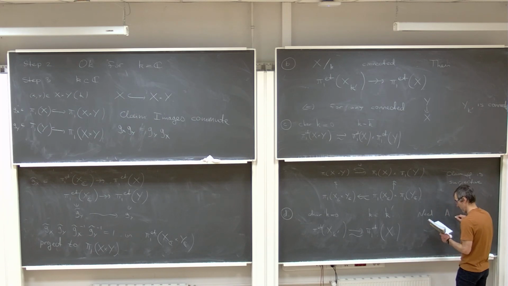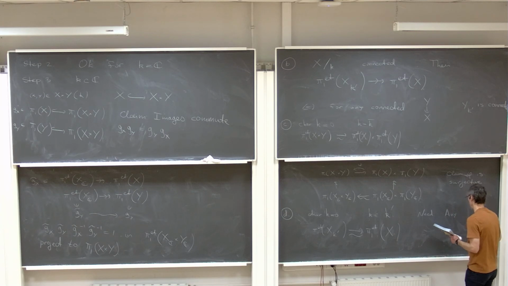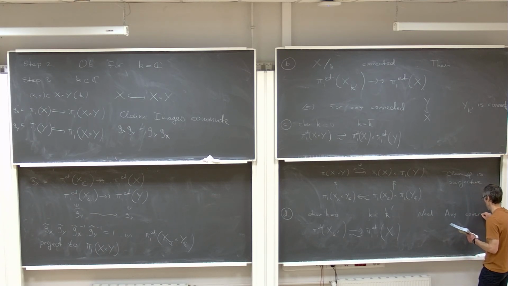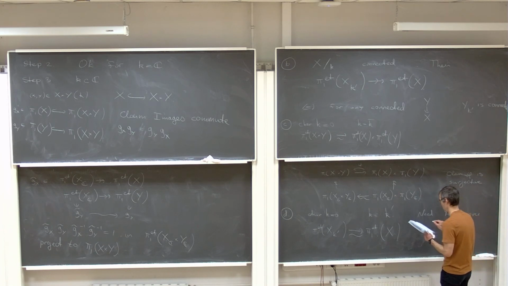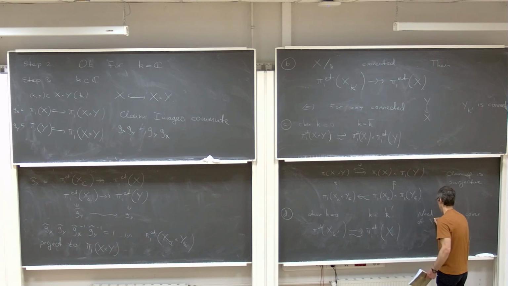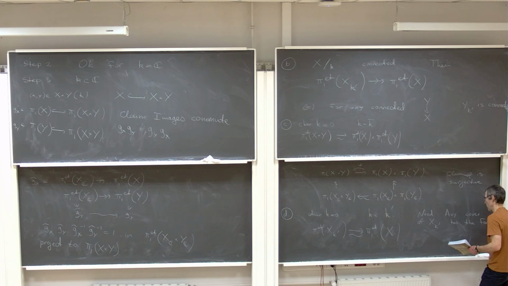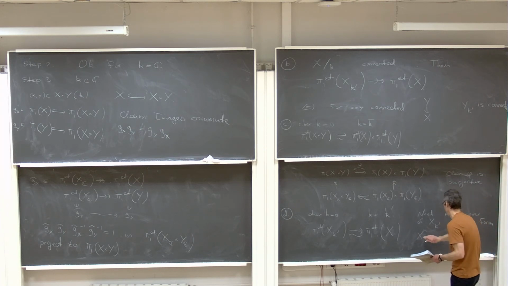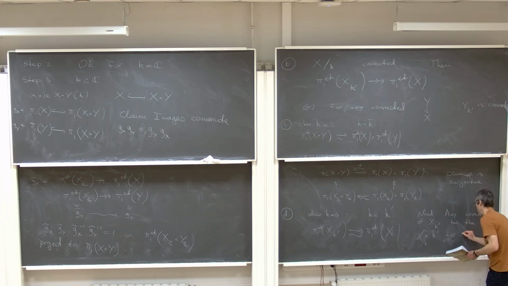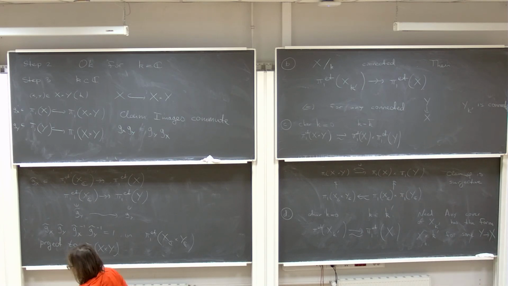cover of X_K prime has the form X_K prime times Y over K prime for some cover Y over X. Okay?